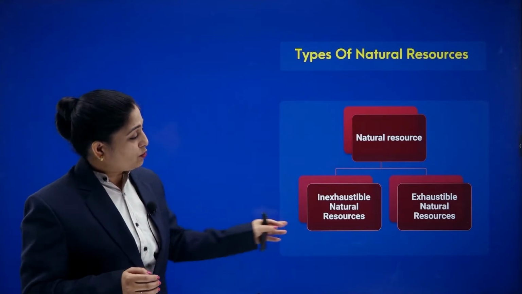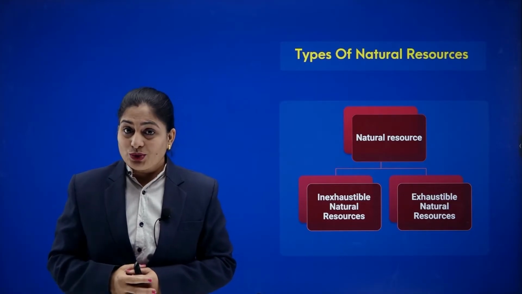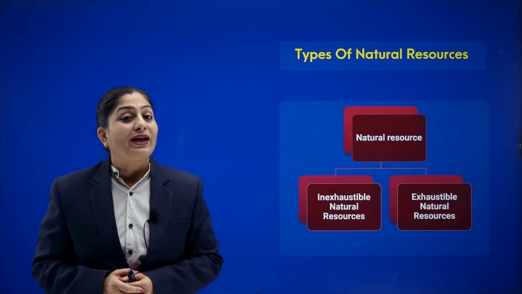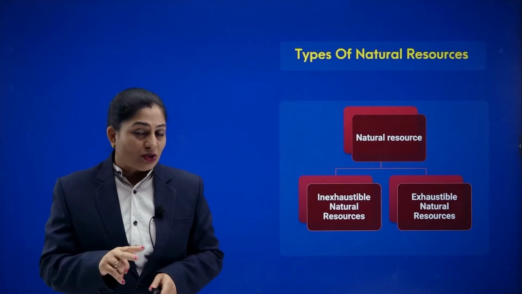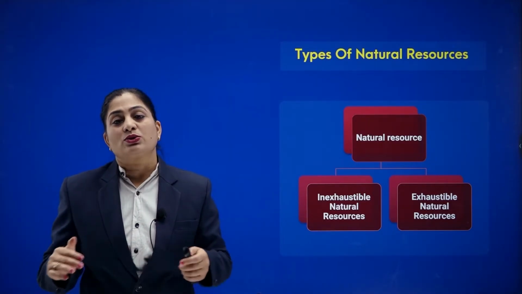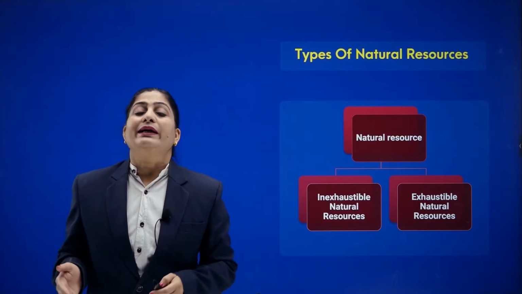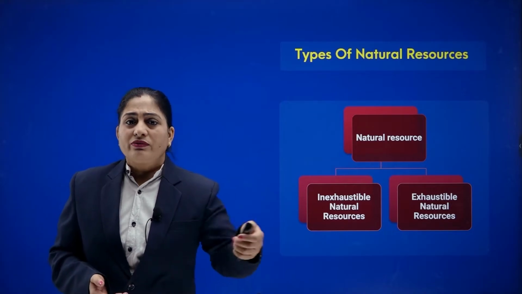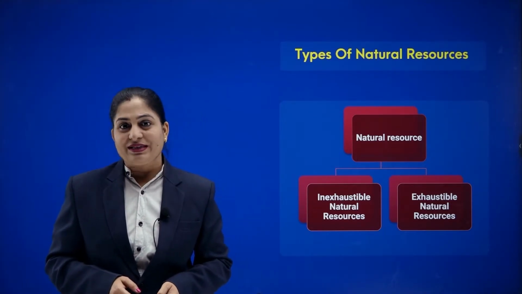So let us discuss these two types in more detail. Inexhaustible, as the name suggests, does not get exhausted so easily, and exhaustible resources get exhausted and are not available within a few years.